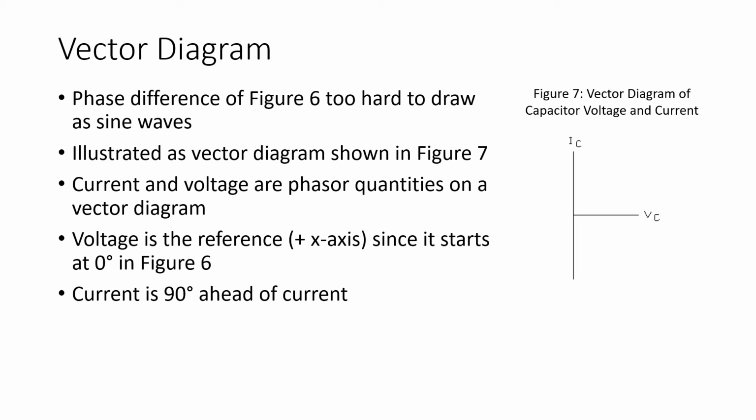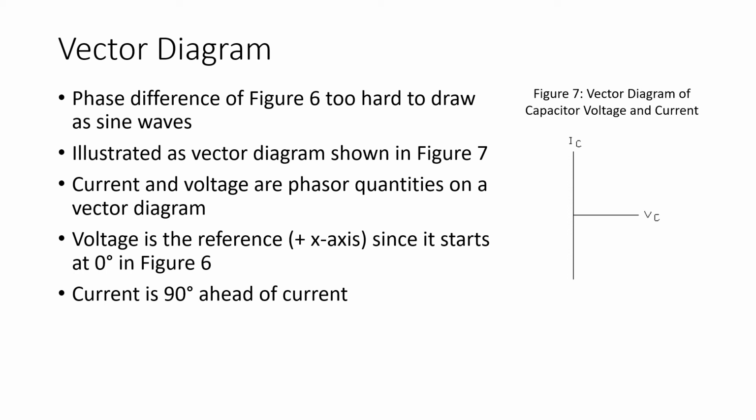Now we're going to place the voltage at the reference point, the positive x-axis, since in the plot of Figure 6, voltage started at 0 degrees. And the capacitor current is 90 degrees ahead of voltage on this vector diagram. So again, Figure 7 provides us a way of illustrating this phase difference of voltage and current in a capacitor by using a vector diagram.